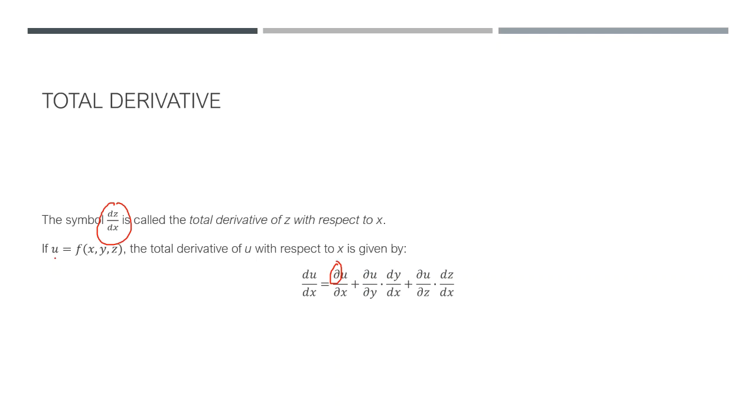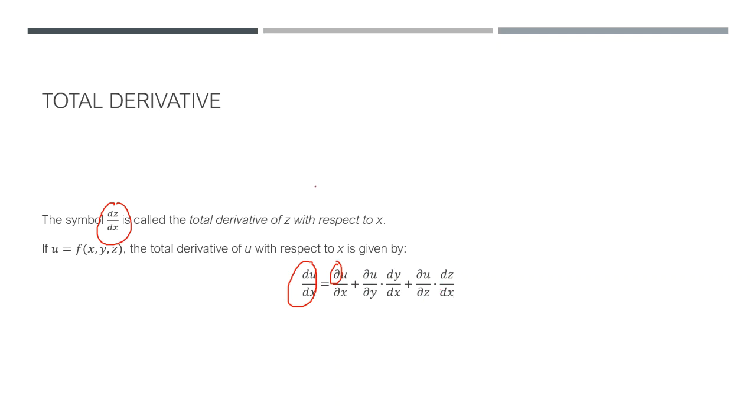So, for example, if u is a function of x, y, and z, the total derivative of u with respect to x is given by du over dx, which is equivalent to partial derivative of u with respect to x plus partial derivative of u with respect to y times dy over dx, or derivative of y with respect to x, plus partial derivative of u with respect to z times the derivative of z with respect to x.